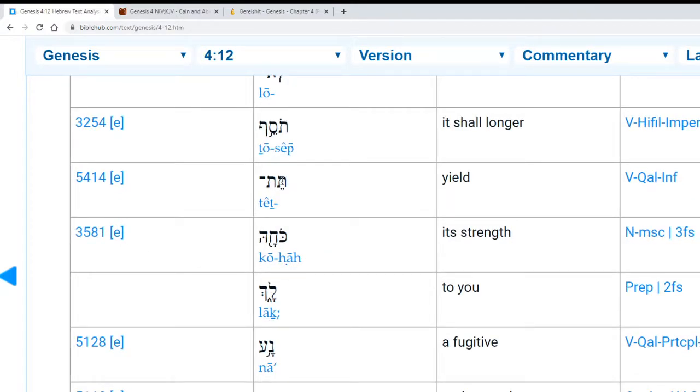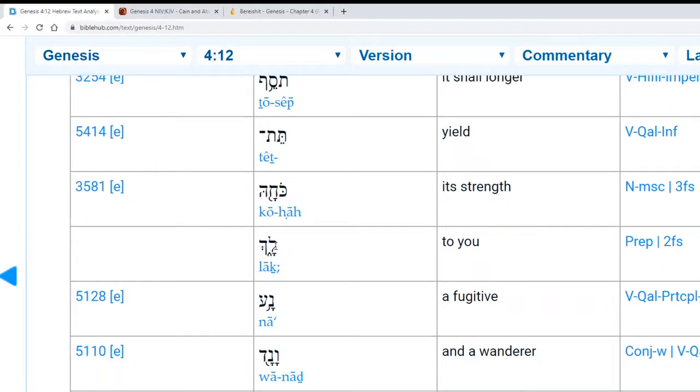Tet, to give, latet, right? It's a very unusual verb we have, to give. Latet we've had before, and you can look in the concordance. This is a form of to give, right? Tet kochah. So koach means strength. Kocha means her strength. And so she's not going to give you her strength anymore.